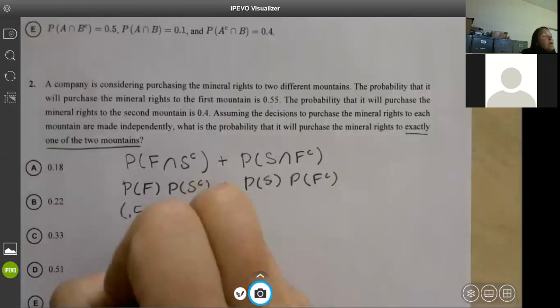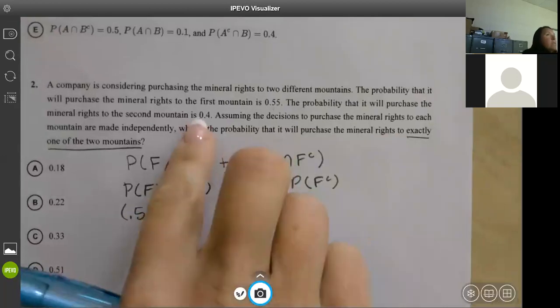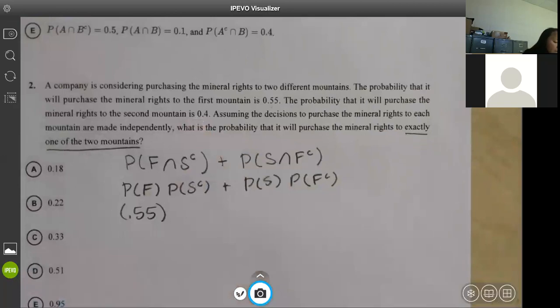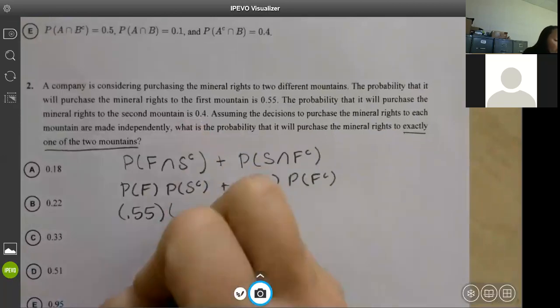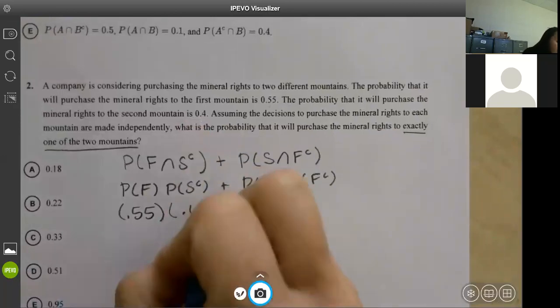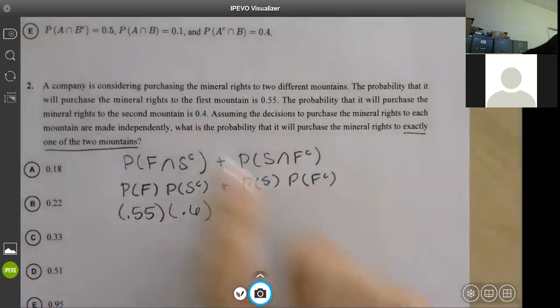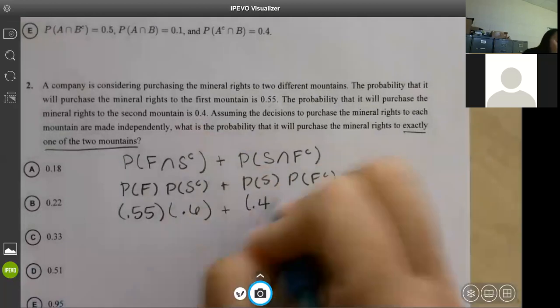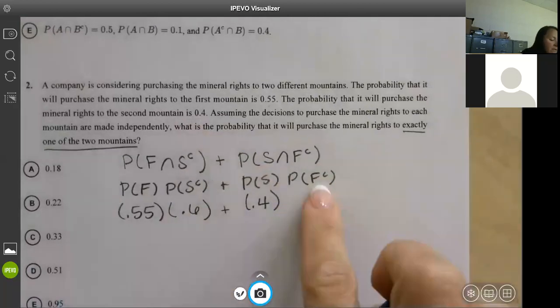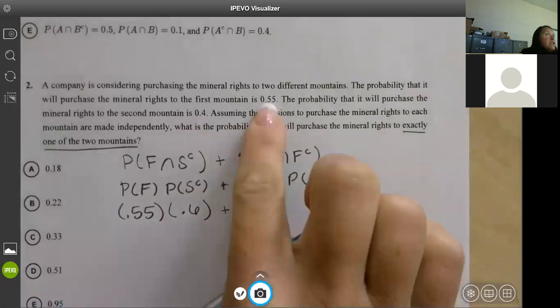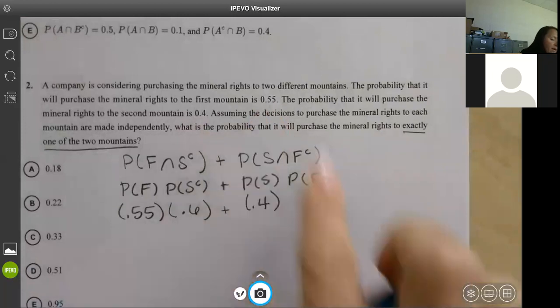The probability of purchasing the second is 0.4. What would be the probability of not purchasing it? 0.6. Plus, the probability of purchasing the second one is 0.4. What is the probability of not purchasing the first one? If you purchase it at 0.55, what is the not?